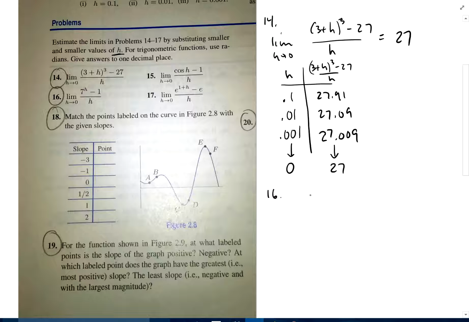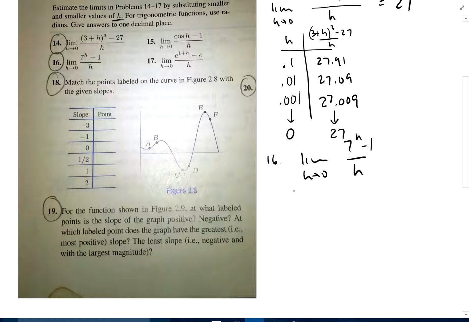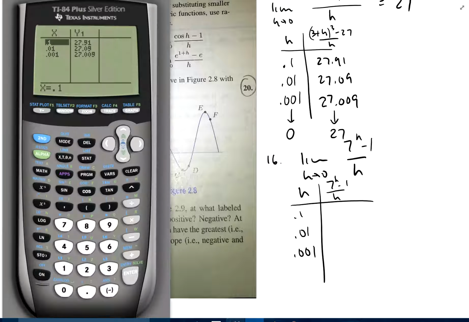So 16, we're going to do the same thing. The limit as h approaches 0 of 7 to the h minus 1 over h. So let's do h and 7 to the h minus 1 over h. So we'll do 0.1, 0.01, 0.001.